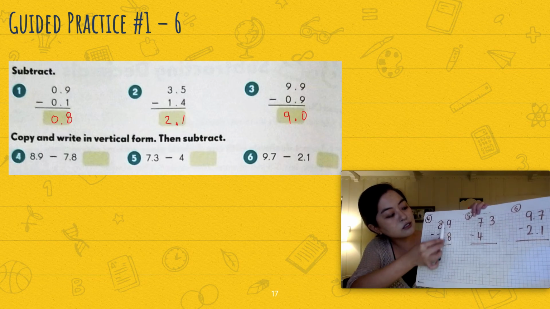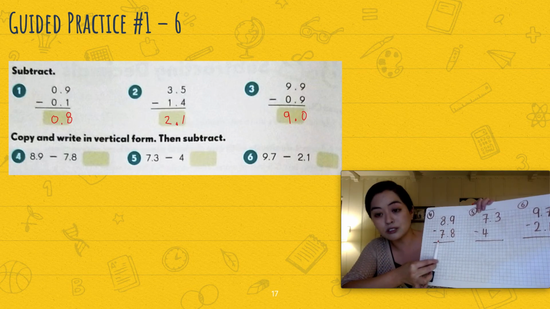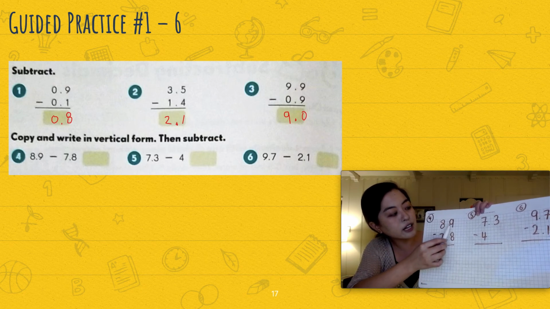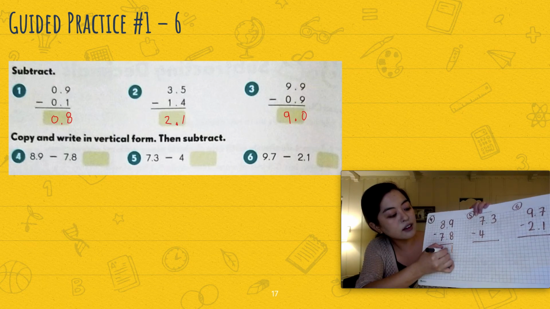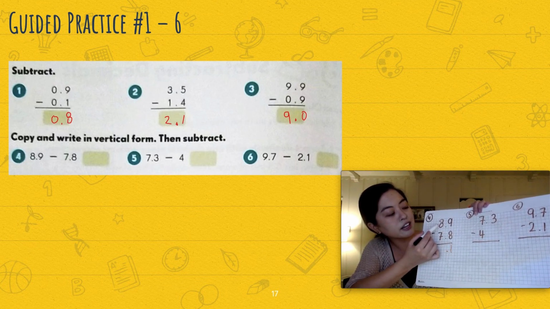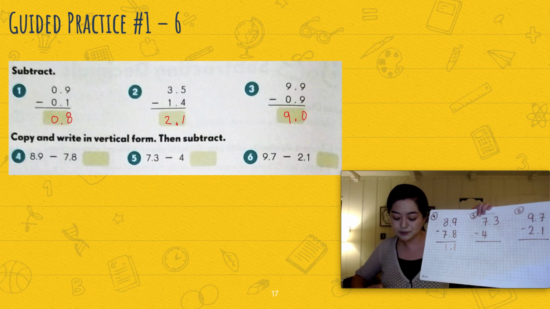So my tenths go on top of one another, my decimal points go on top of one another, and my ones go on top of one another. So let's start with the lowest place value column, which is the tenths. 9/10 minus 8/10 is 1/10. Drop the decimal. 8 ones minus 7 ones is 1 one, so it's 1.1.